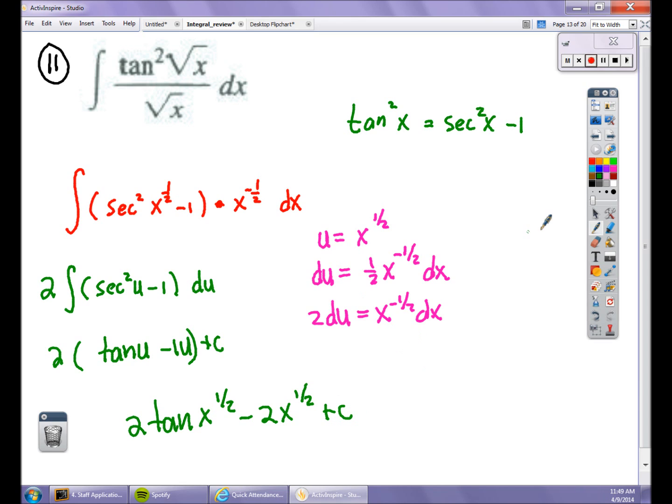Again, that negative 2 attached to the x to the 1/2 came from distributing 2 to tangent and 2 to negative 1u. 2 times negative 1 is negative 2. u is x to the 1/2. Final answer at the very bottom.